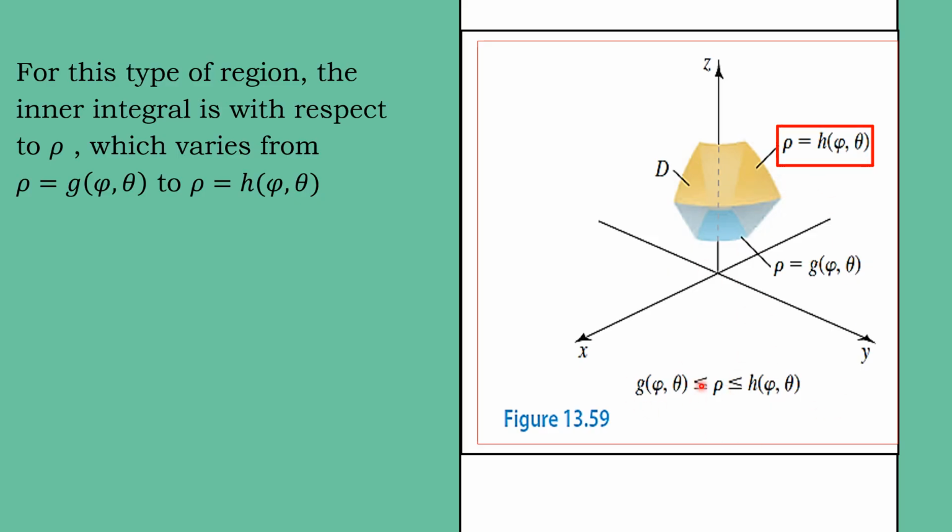So rho is between the functions g of phi and theta and h of phi and theta. As we can see in the illustration, this surface is the function h, and this surface is the function g, represented by this parameter rho.